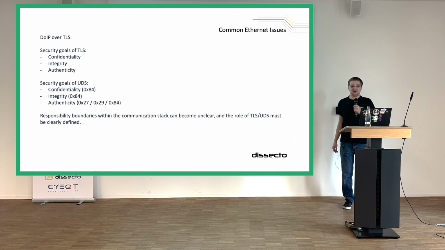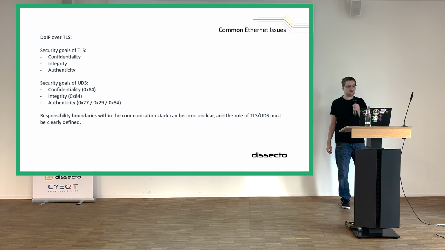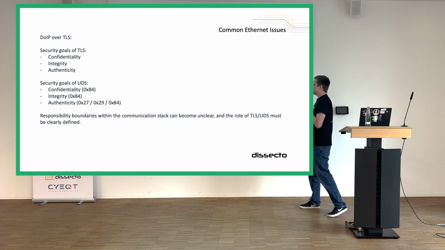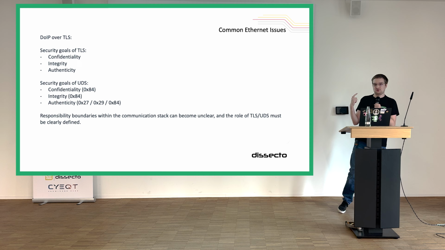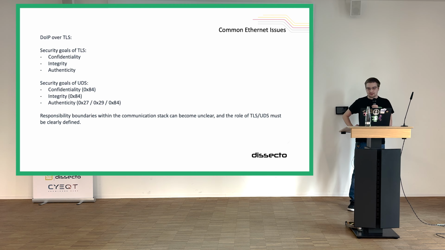And one very common Ethernet issue is we have TLS and we have UDS. Who's responsible for what? So if we look at the security goals we can achieve with UDS and TLS, they are the same. So we have UDS functions that can prove authenticity, they can prove integrity, that can prove confidentiality, but it's the same for TLS.